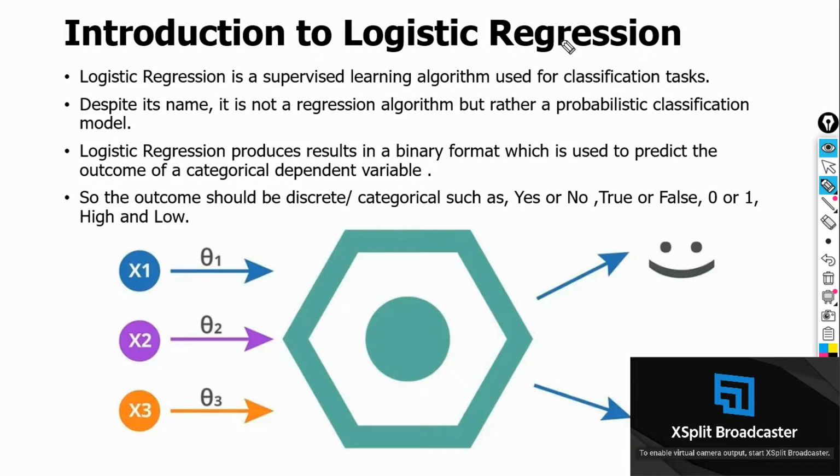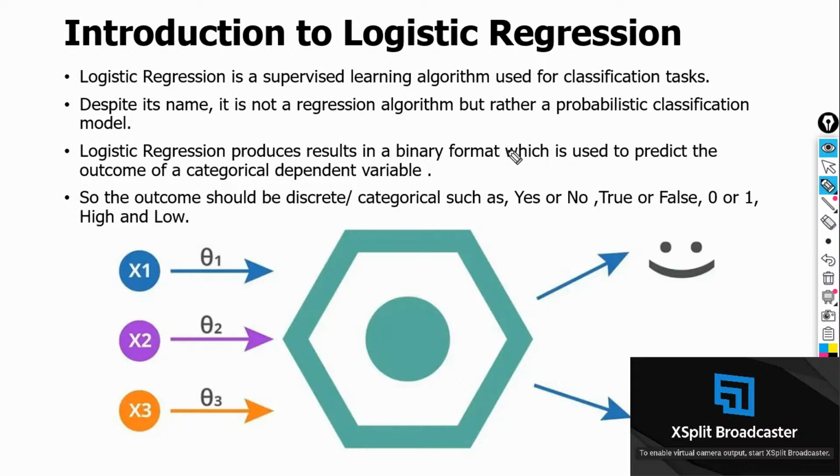It is used to predict a discrete variable where we have a binary class, two classes only. So despite its name, it is not a regression algorithm, but rather a probabilistic classification model.